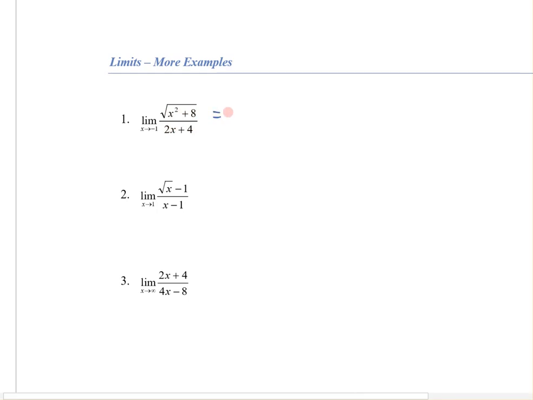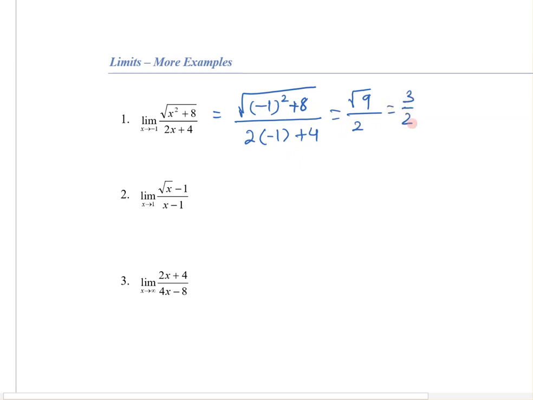It means you can take the limit of x squared under the square root, so negative 1 squared plus 8. I'm just going to plug in the value here. And again, x is negative 1, so 2x plus 4. On the top we get the square root of 9. On the bottom we get 4 minus 2, which is 2. So we get 3 over 2.